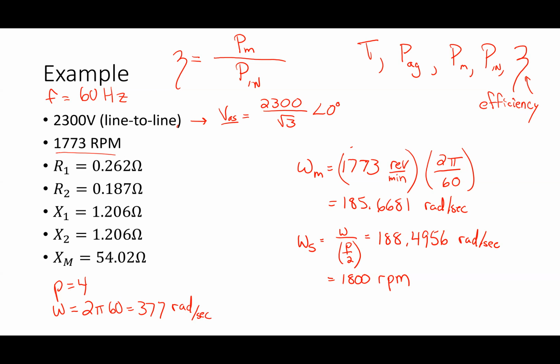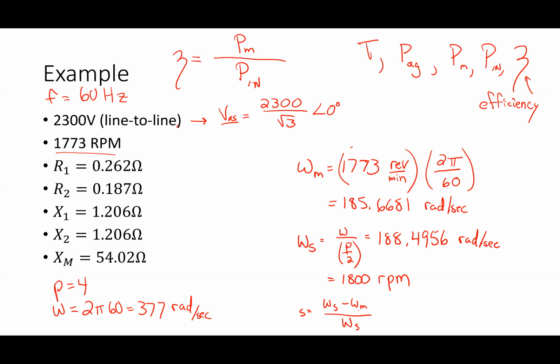With all that information, I can calculate the slip. There's an equation for it, but again, what is it? It's a fraction of how far off my actual speed is from the synchronous speed, the maximum possible. So it's the synchronous speed minus omega M, divided by omega S. Intuitively, this should make sense.